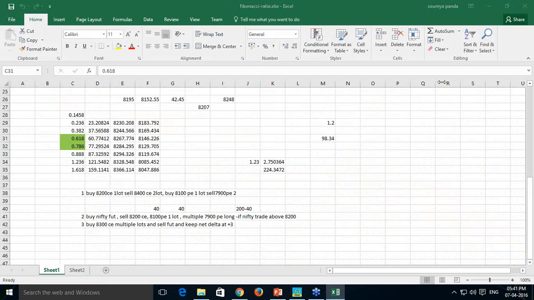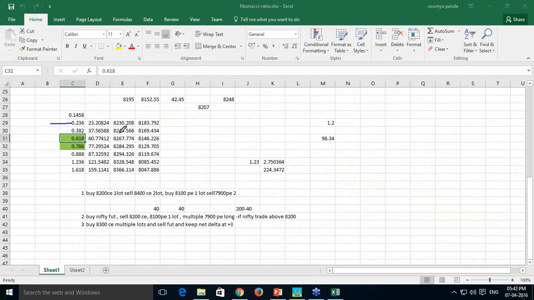Whenever you are talking about how you can identify a trend based on this particular ratio: whenever the price crosses above the 0.236 retracement, we say that it sets a trend. It's just the beginning of a trend, and it confirms the trend if the price moves above the 0.382 retracement. And 0.618 to 0.786 is known as the death zone.